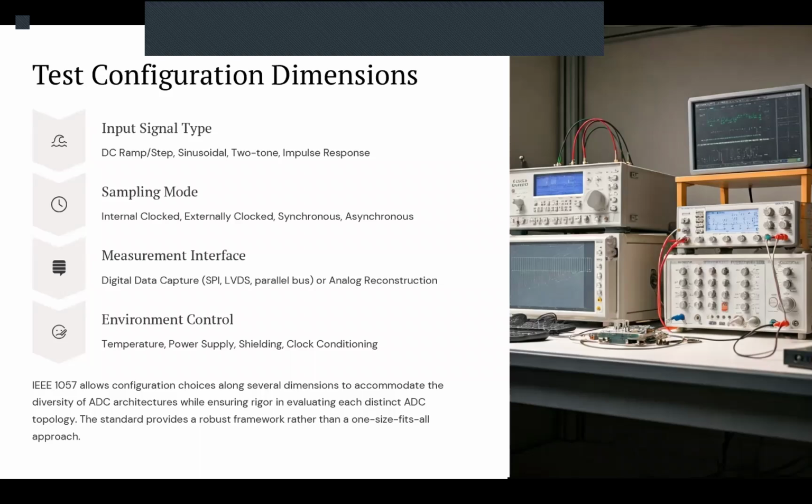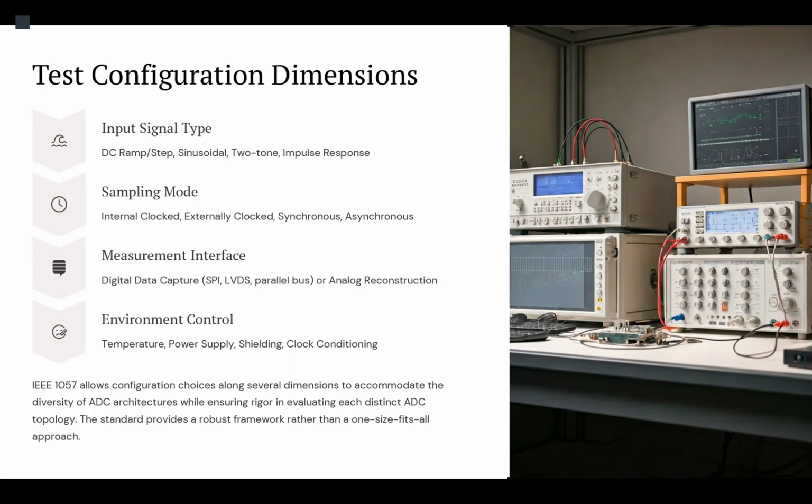The first dimension in this testing is the type of input signal. Different signal types like DC ramp, DC step, sinusoidal, two-tone, or impulse response are used in testing ADCs. DC ramps and steps are normally used for static testing, and sine waves or two-tone signals are normally used for dynamic testing.